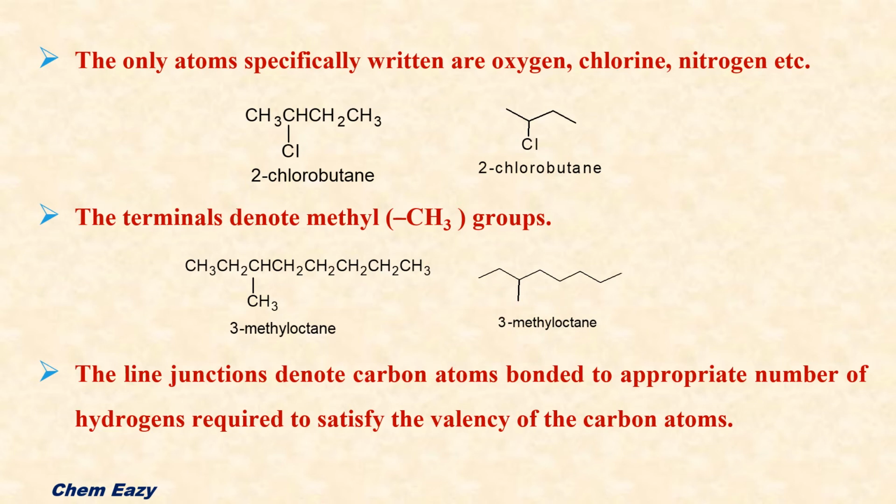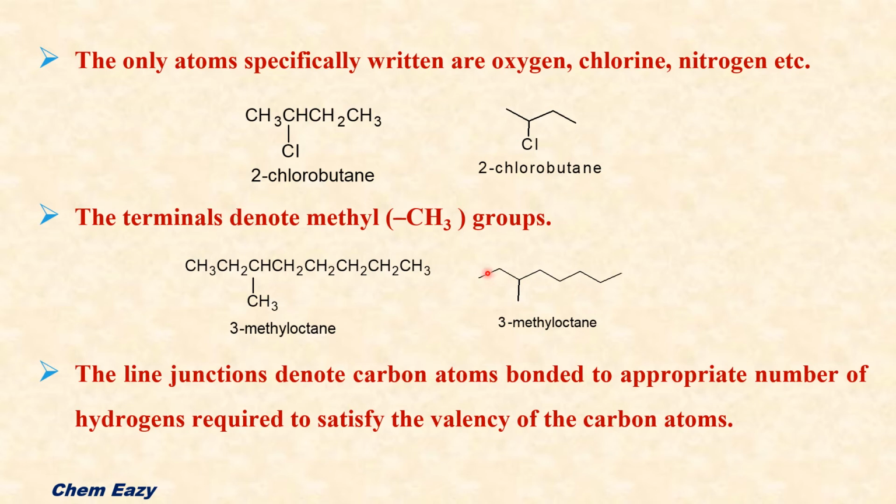Also, the line junctions in the bond line structural formula denote carbon atoms bonded to the appropriate number of hydrogens required to satisfy the valency of the carbon atoms. I think you know that the valency of a carbon atom is 4. So, for example, here carbon is there and two bonds are there.